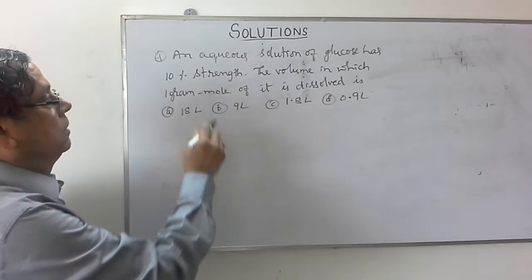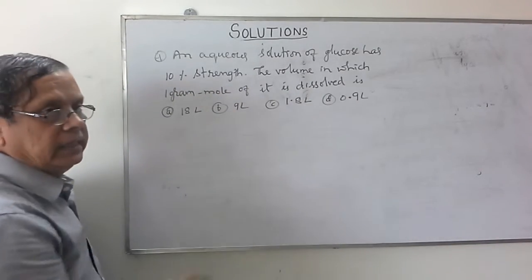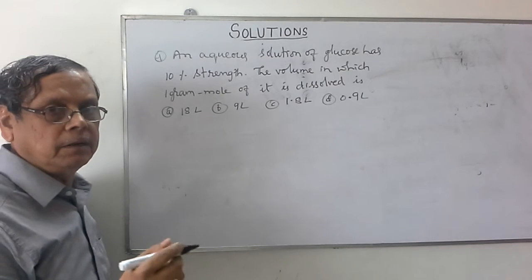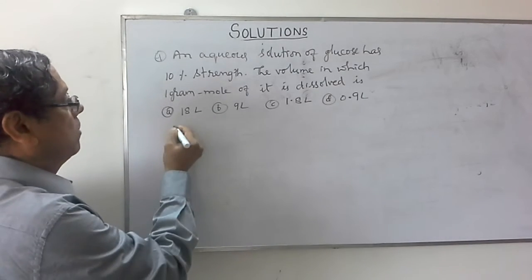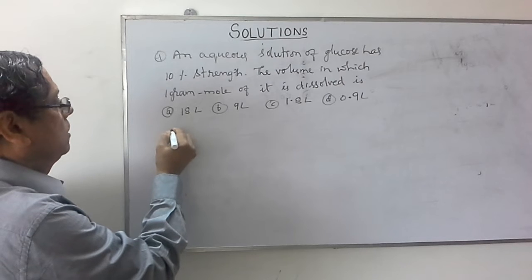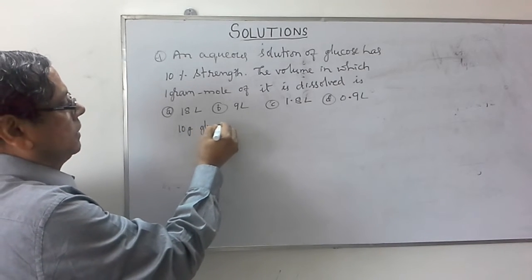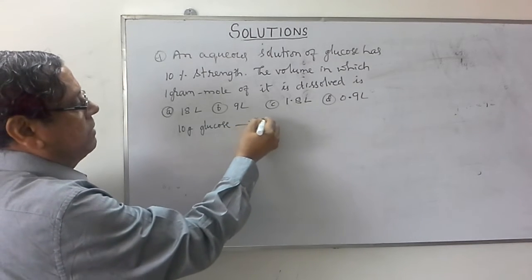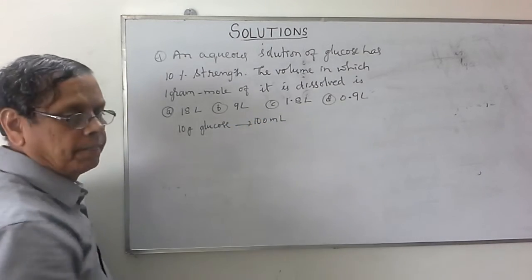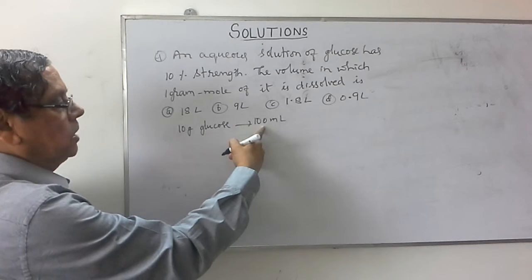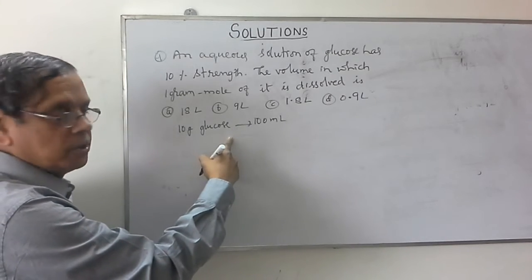Here we observe 10% strength. It is given as the mass volume strength. Mass volume strength of 10% means 10 grams of glucose is present in 100 ml of solution.